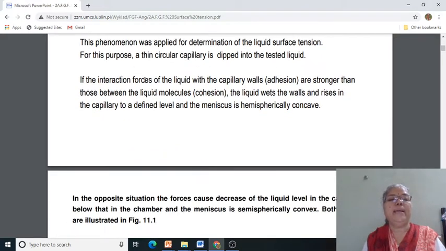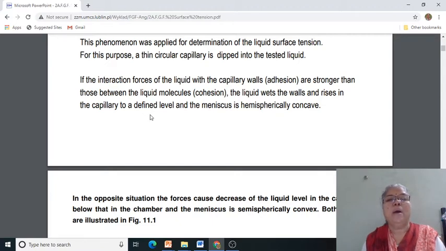If the interaction forces of liquid with the capillary walls, that means the adhesion forces, are stronger than those between the liquid molecules, that means the cohesion forces, the liquid wets the walls and rises in the capillary to a defined level, and the meniscus is hemispherically concave or convex, depending on the nature of the liquid in which we have dipped a capillary tube. Remember that a simple method is here.